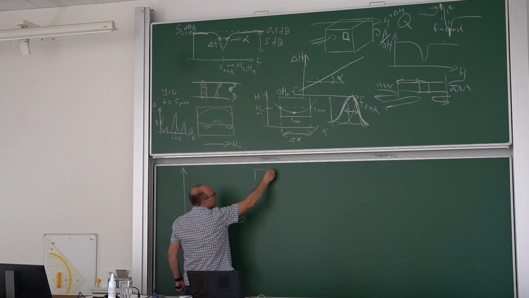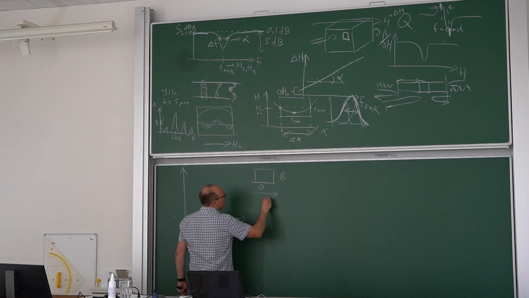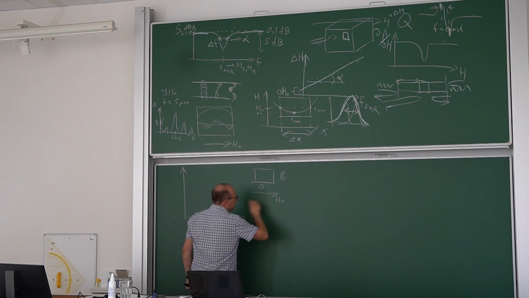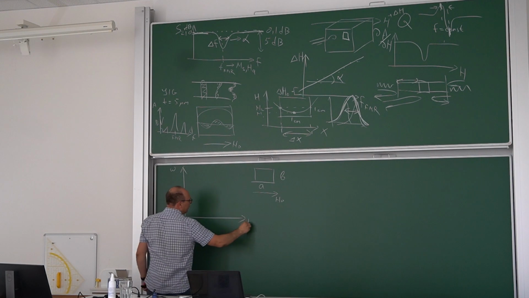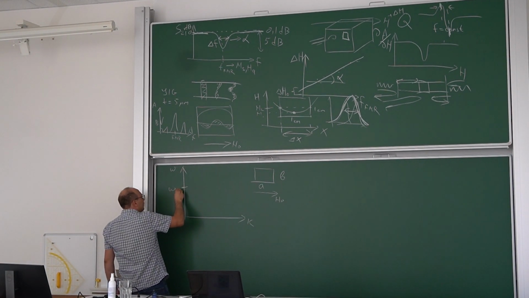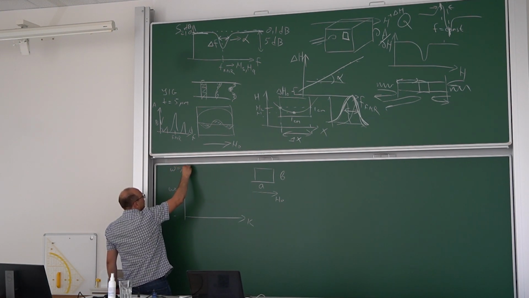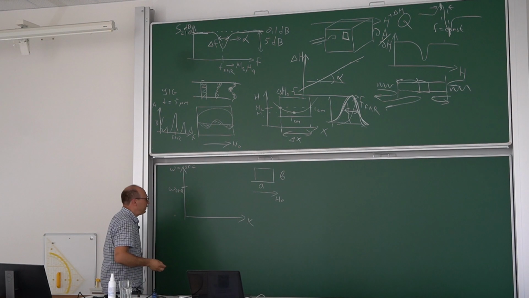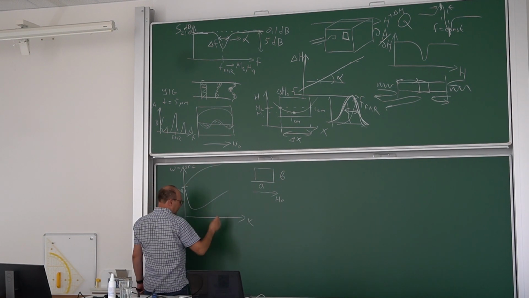Here's our sample, with sizes A and B, magnetized along field H0 in that direction. And this is our dispersion, omega of K, omega FMR. Omega means 2 pi F, so you can couple it to the previous case. This is your Damon-Eshbach, this is your backward volume.